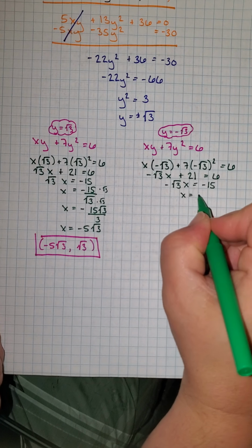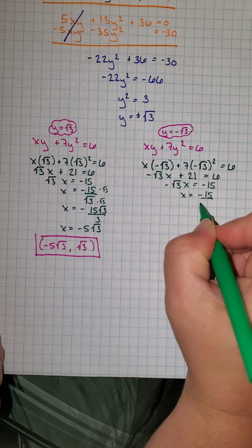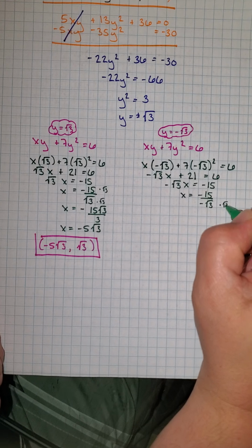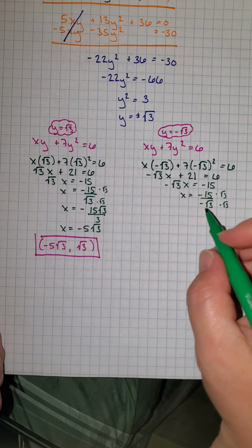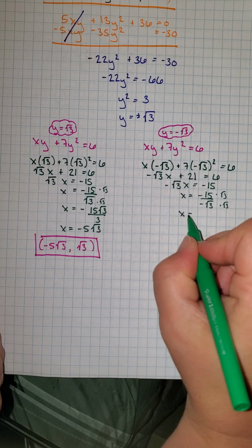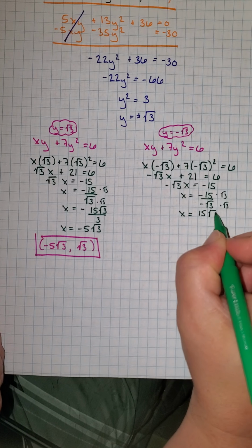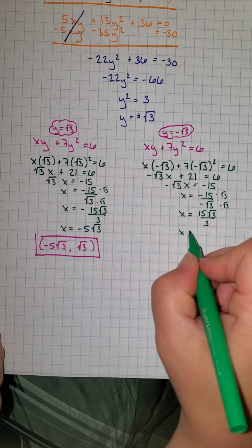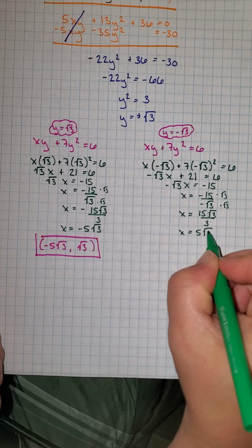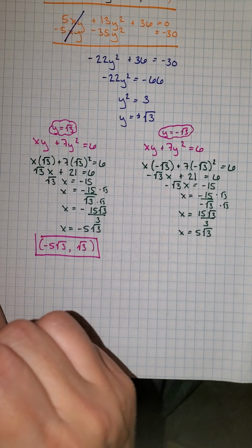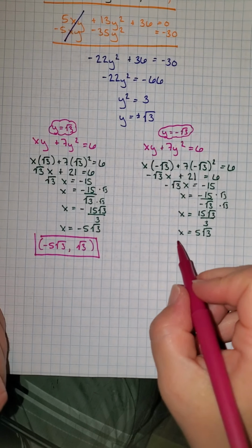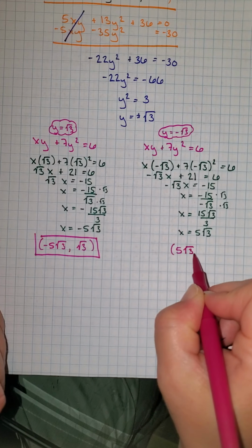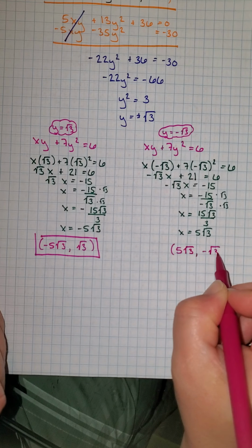Divide by negative radical 3, so you have negative 15 over negative radical 3. I'm going to multiply the top and bottom by radical 3, just like I did over there. It will become positive 15 radical 3 all over 3, which is 5 radical 3. So our answer is 5 radical 3, negative radical 3.